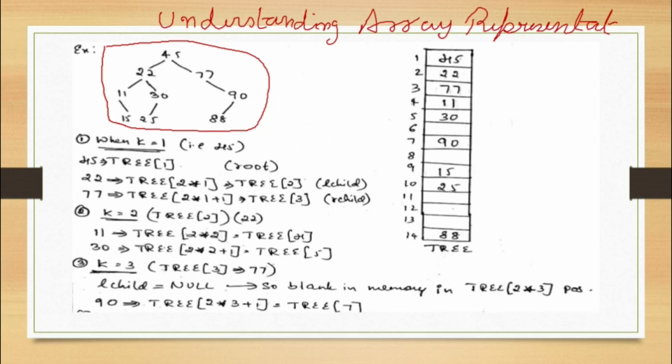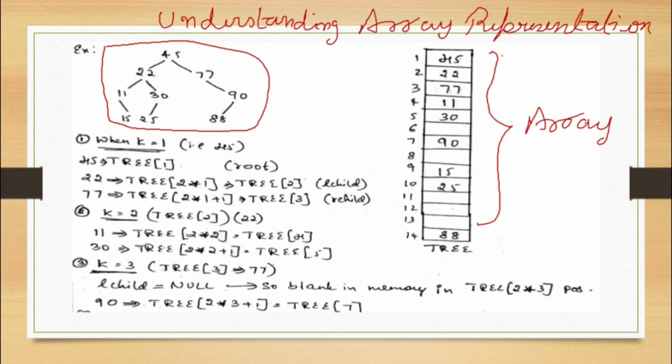We have an array which has 14 locations. There are 14 places in the array, starting with location 1. So students, which is the root here?